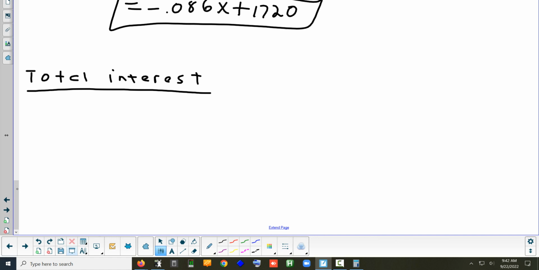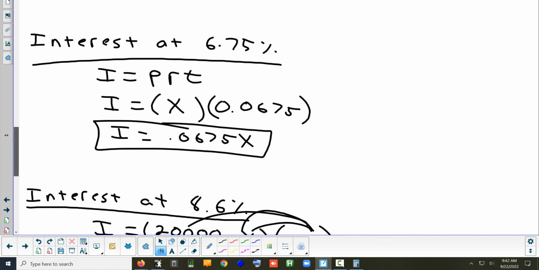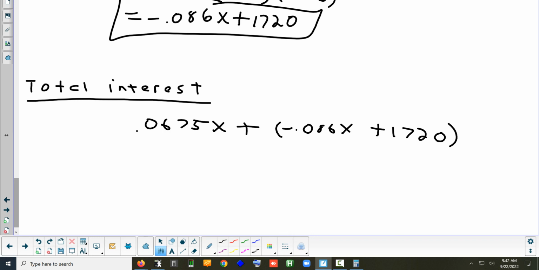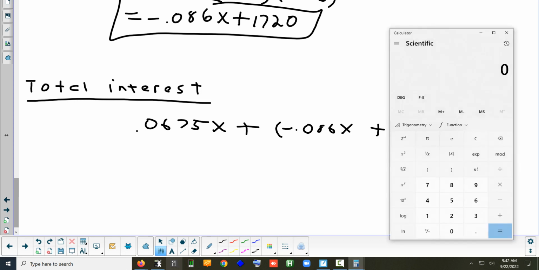So the total interest is going to be the money from the first account, 0.0675, and the money from the second account, negative 0.086x plus 1720. I do have some like terms I can combine, just the x's. So 0.0675 minus 0.086.